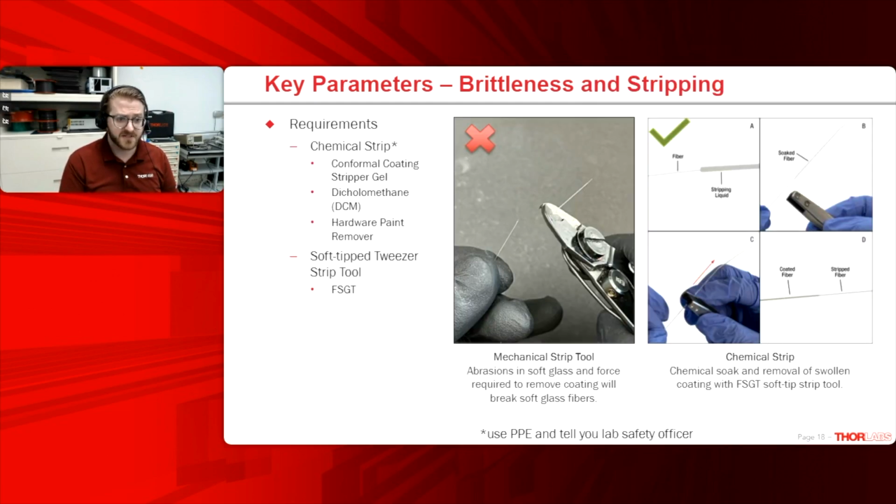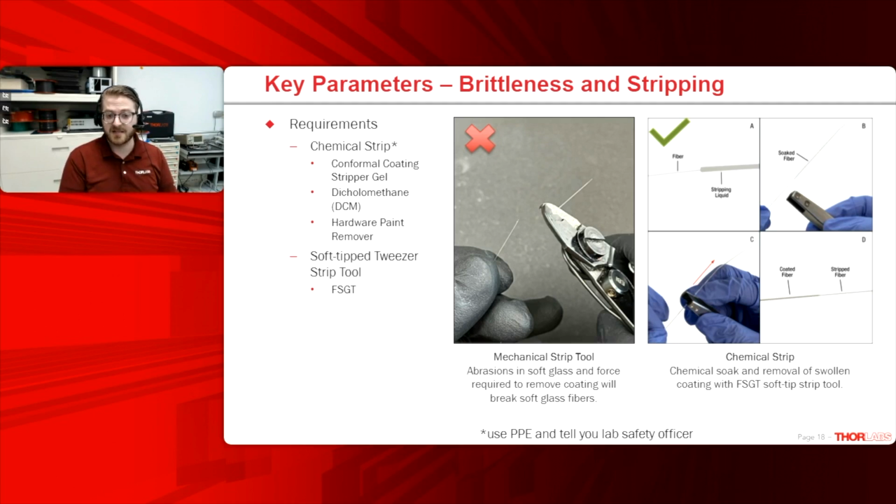Continuing on with brittleness, mechanical strip tools are not going to be ideal. When you strip a fiber using a mechanical tool, you'll mar the glass, and then you need to pull a tension to remove the coating, and that tension is actually going to be enough. The adhesion of the coating is going to be enough tension to propagate that flaw into a full break.